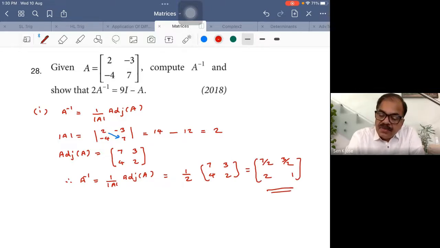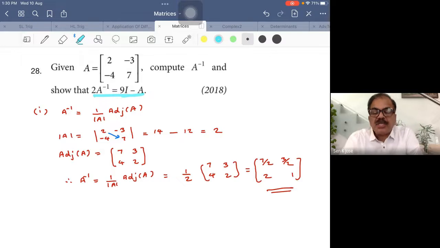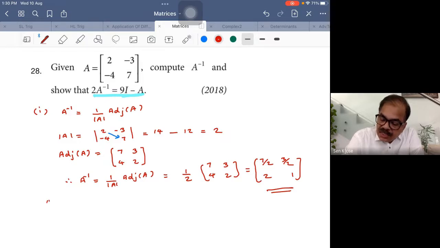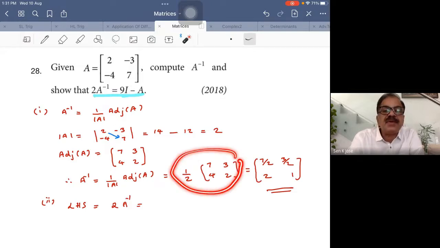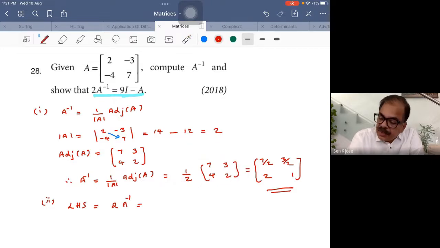Now the second part of the question is a verification question. So you need to do both the LHS and the RHS. So this is for the second part. I'm going to copy the LHS, get the answer. Left hand side is 2 times A inverse. Basically the half outside of this gets cancelled when I say 2 times A inverse.